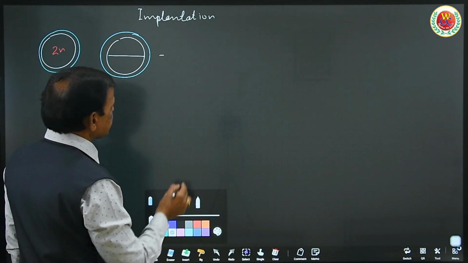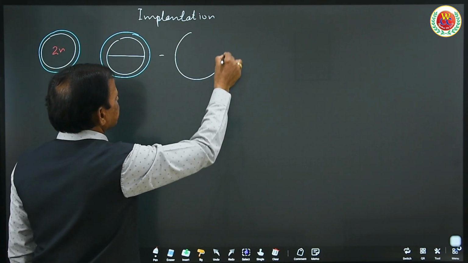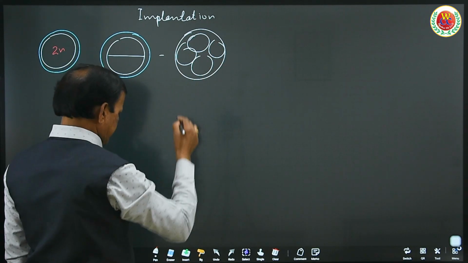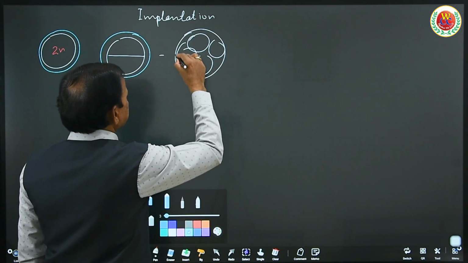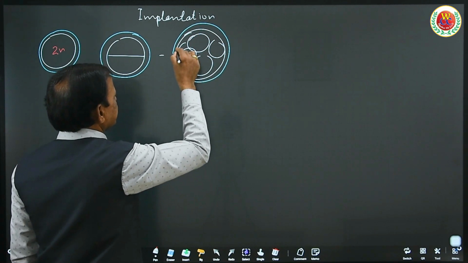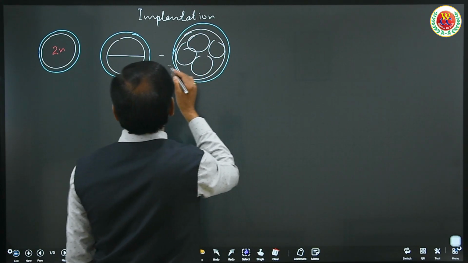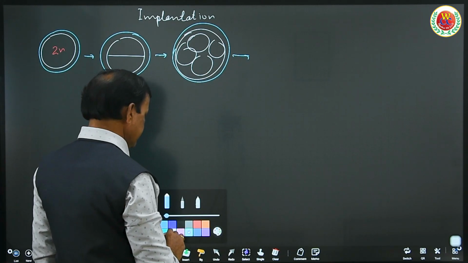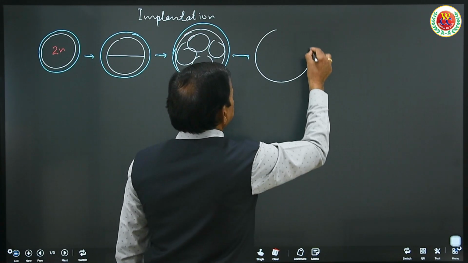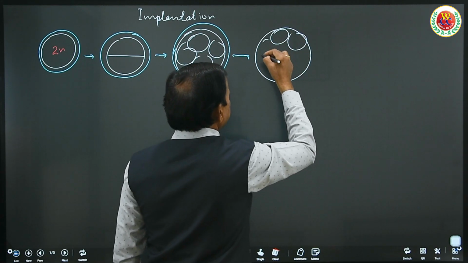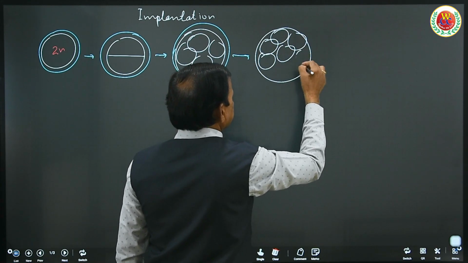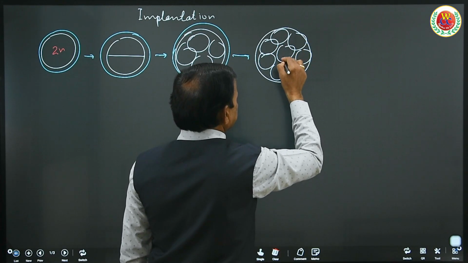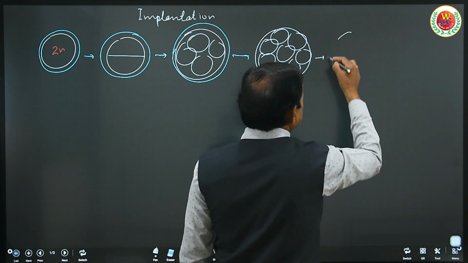Here the 4 cell stage with zona pellucida. Again the 8 cell stage, the cytoplasm content is the same. Then the 16 cell stage.